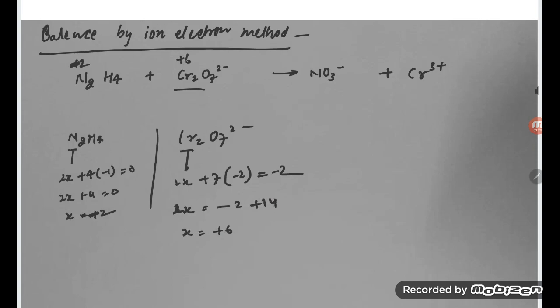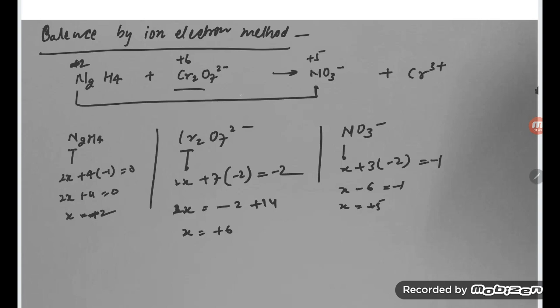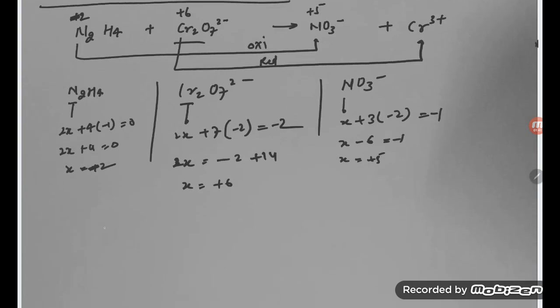If you are talking about NO3 minus, 3 oxygens are there, each oxygen minus 2, total equal to minus 1. So x minus 6 is equal to minus 1, so x is equal to plus 5. Now dear students, see minus 2 to plus 5 is an increase, this is called oxidation. And 6 to 3 is called reduction.